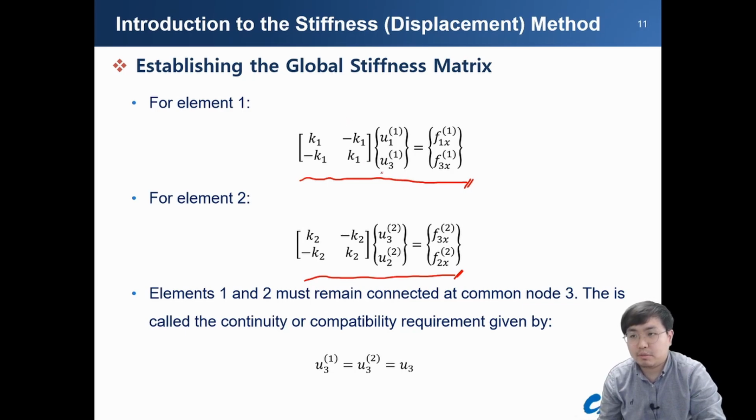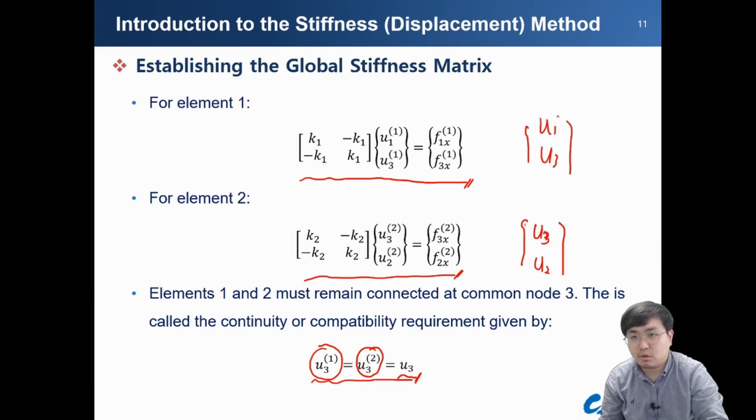However, the middle nodal point, exactly node 3, has a compatibility condition, so each nodal displacement must be equal. Here we can change the displacement so that U3 becomes just U3, and U2 also becomes U2, and U1 and U3 become their own local-global coordinate system.